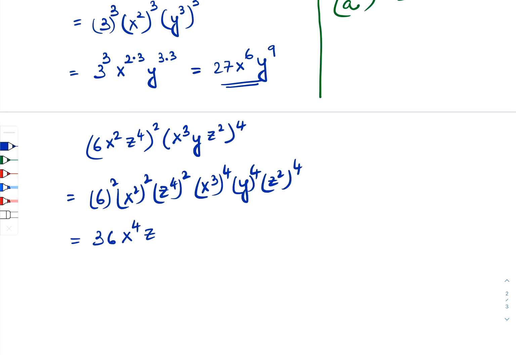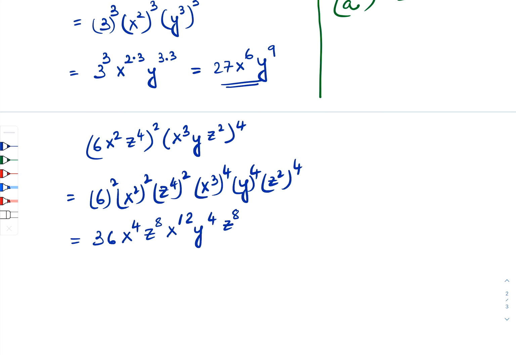That times z, 4 times 2 is 8, z⁸. Then you have x cubed raised to the fourth power, which is 3 times 4 is 12. Then you have y raised to the fourth power. And then z raised to the second and then to the fourth, which is 2 times 4 is 8.